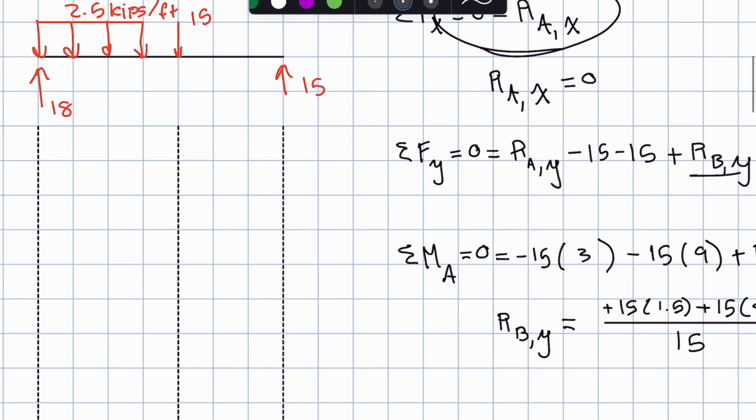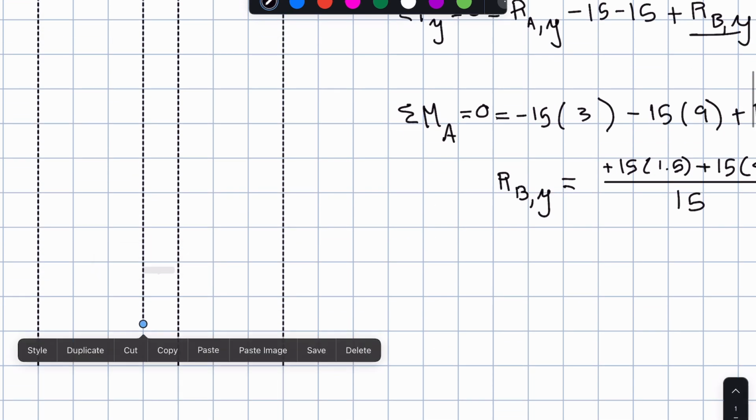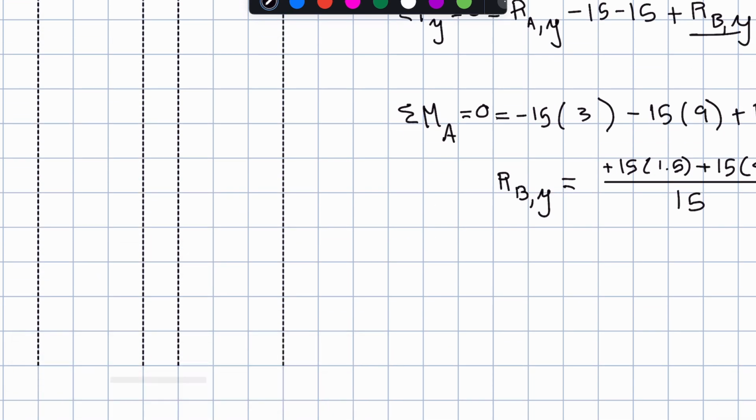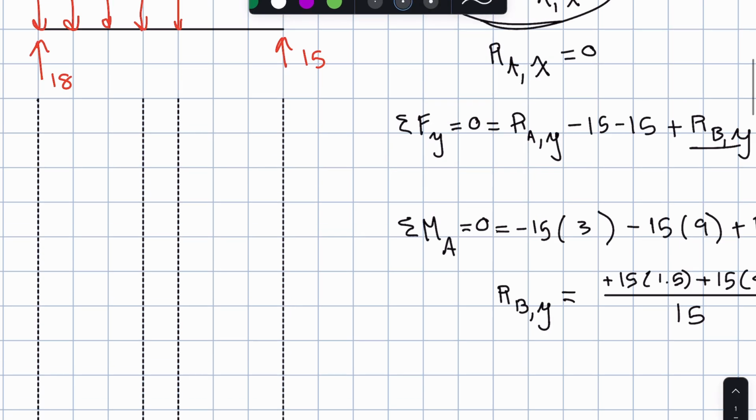And good. And so now we're going to have to put another one of those dotted lines in here at the end of this distributed load. All right, so now we have all of those dotted lines in. I'm going to switch back to a solid line, and we're going to start with our shear moment diagram. And so this one's going to be our shear diagram.